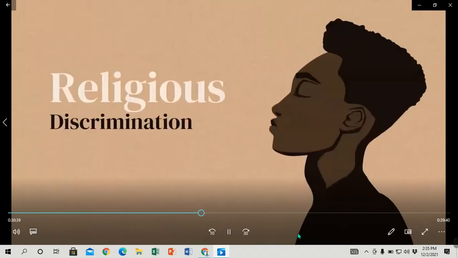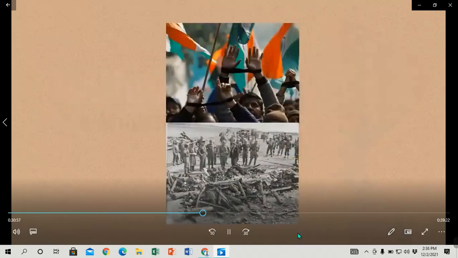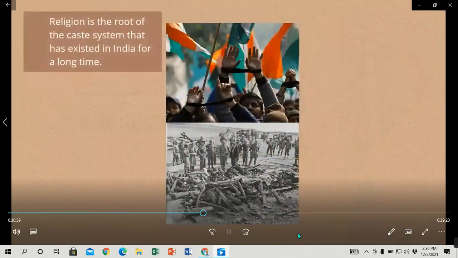So after that discussion on discrimination around the world, we proceed to religious discrimination. So aside from race and other backgrounds, there is also discrimination relating to religion. Religion is the root of the caste system that has existed in India for a long time.